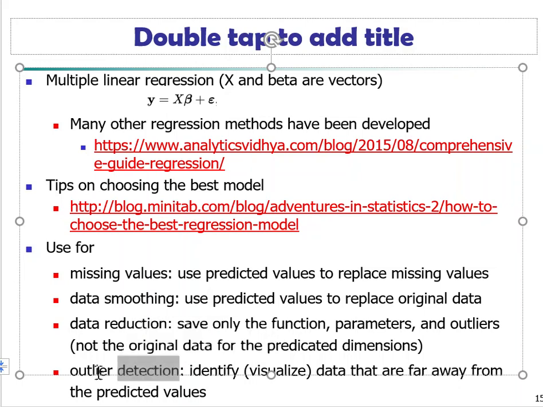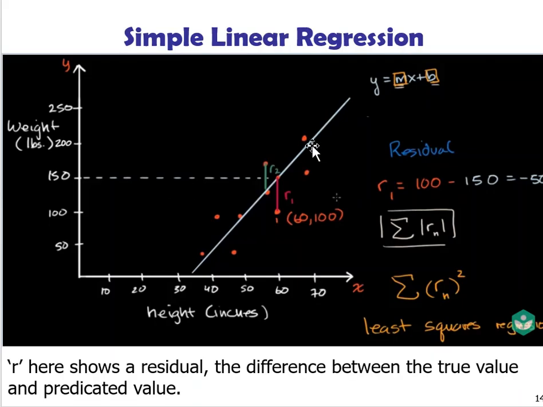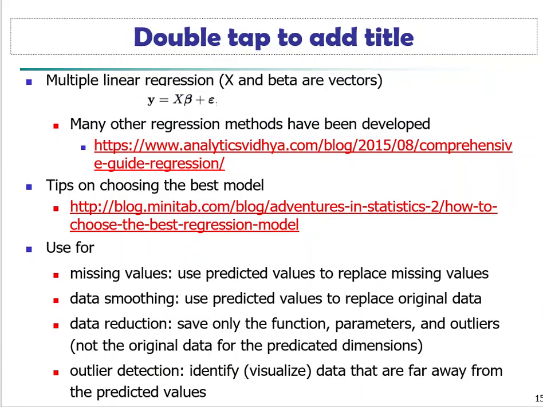It can also be used for outlier detection. We can imagine, in this case, we don't have any outlier. They all seem to be located on both sides of this line. When we do linear regression, you can see visually you might have a point here. So the dots that are far away from the regression line may be considered outliers.